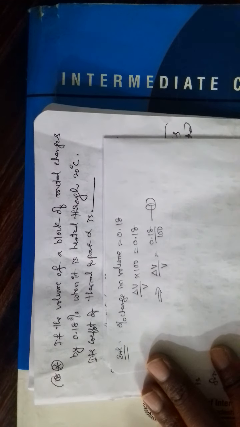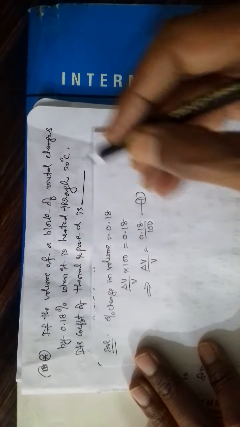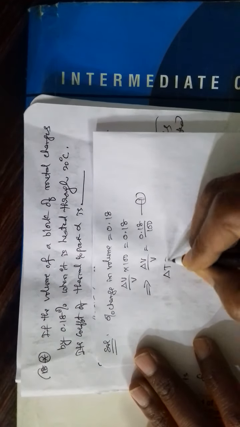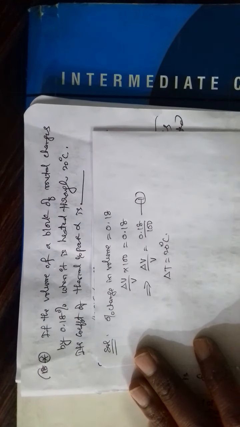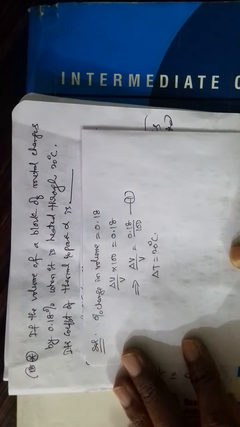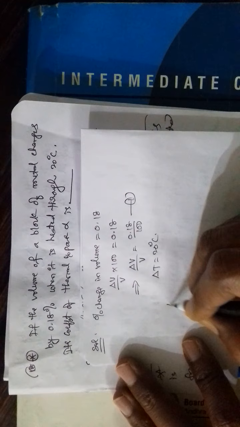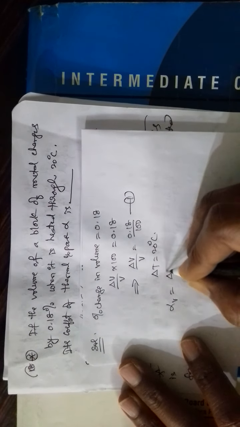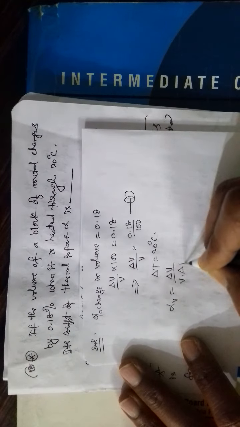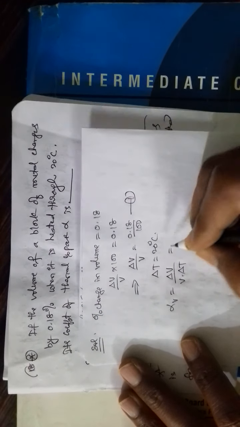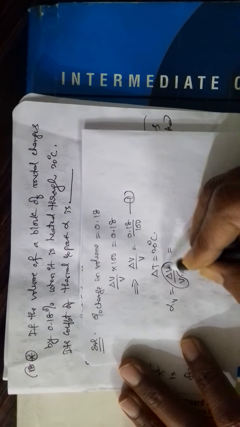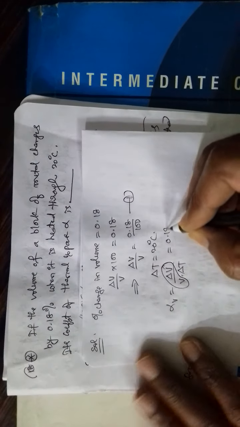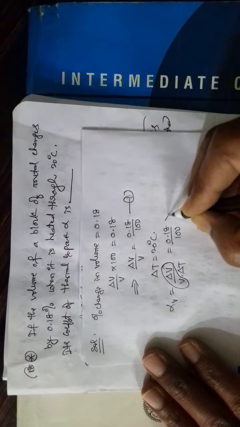Now, heated through 20 degrees centigrade means the temperature difference is given. Now, alpha V is equal to change in volume by original volume into change in temperature. Change in volume by original volume, it is 0.18 by 100.